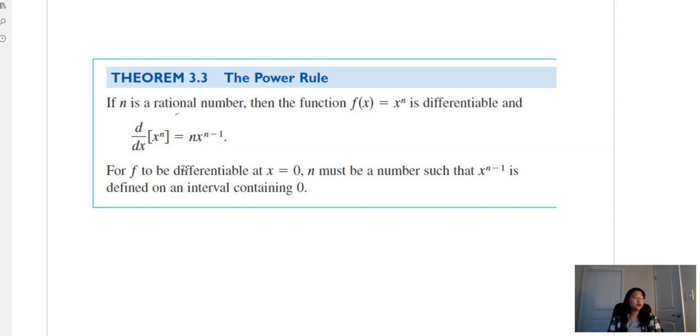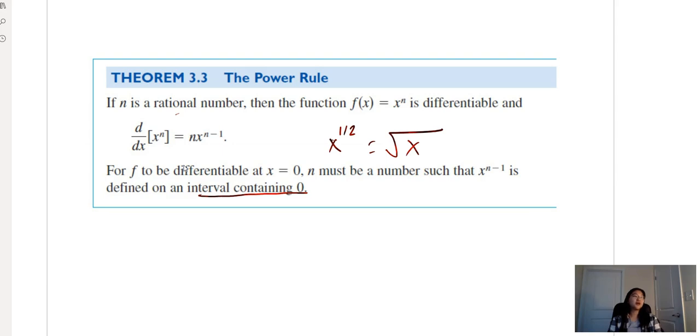In order for our function to be differentiable at x equals 0, because remember with x to the 1/2 power, or sorry, we can write it like this, square root of x, when we were talking about that, it didn't have a derivative at 0. So in order for our function f to be differentiable at x equals 0, we also need an interval containing 0.